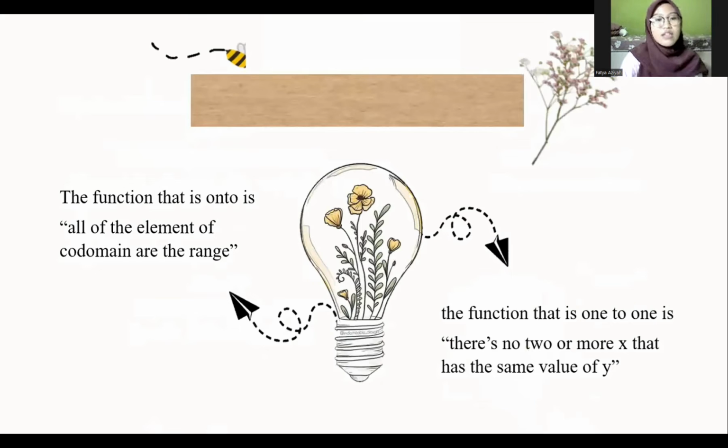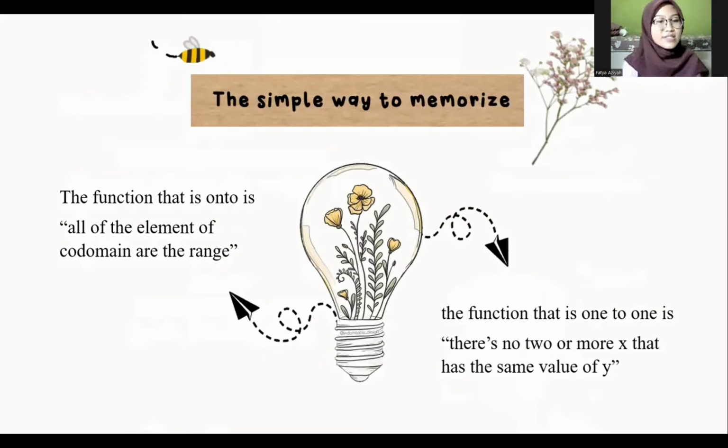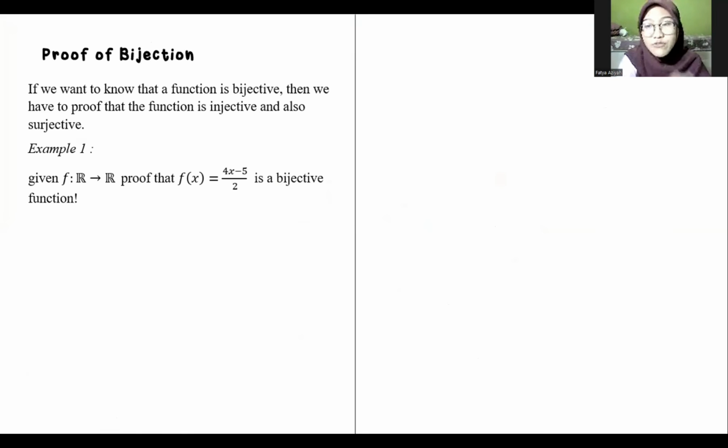The simple way to memorize it is this: a function that is onto means all of the elements of the codomain are in the range. A function that is one-to-one means there are no two or more x that have the same value of y. Now we're going to move on to the proof of bijection.